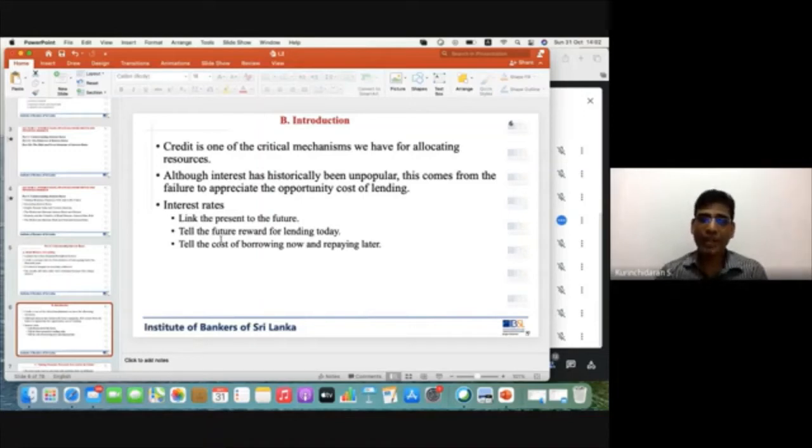Because I'm not earning anything, but I want to consume today and I'll be paying at a later stage. So I consume before earning. So what is the cost of that? All three aspects are answered by the interest rate, right?